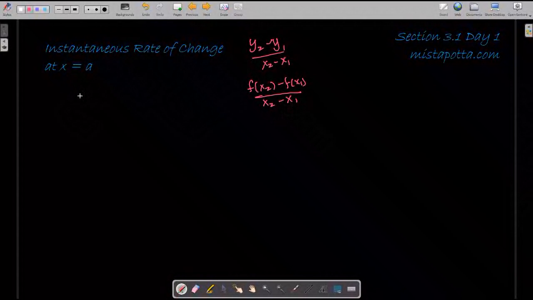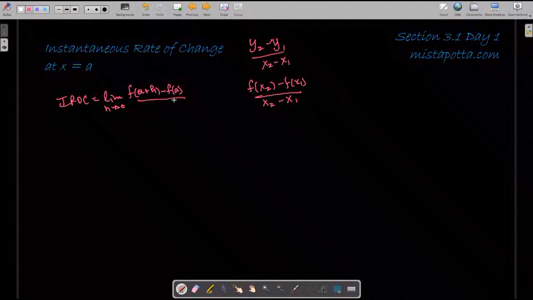So what we would do is we would say the instantaneous rate of change would be equal to a limit as h went to 0 of f of a plus h minus f of a over h.